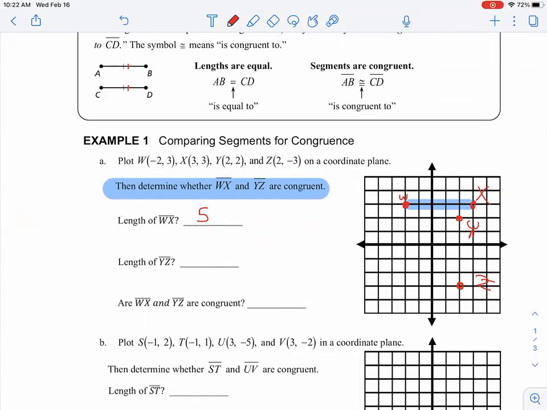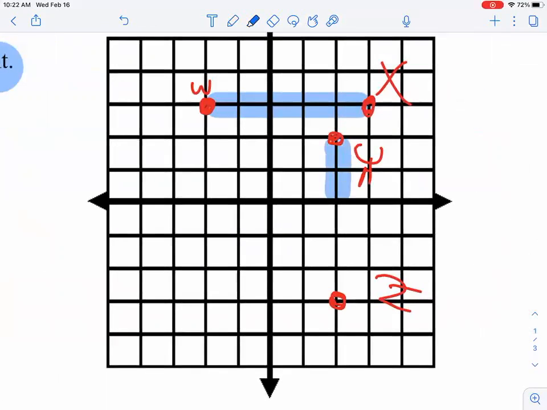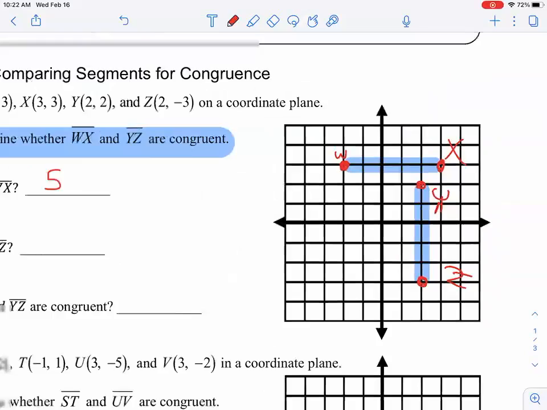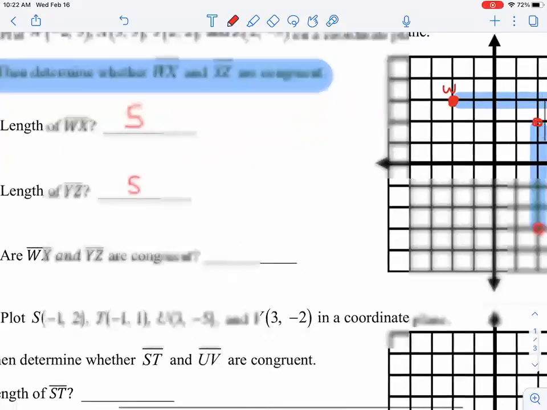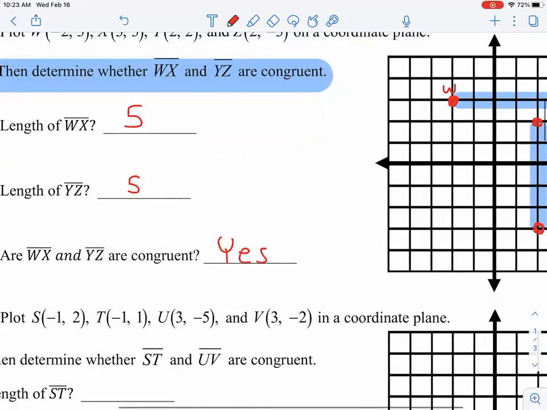If we want to find the length of segment YZ, that means from Y to Z. Again, counting the spaces, we've got 1, 2, 3, 4, 5 spaces there. So segment YZ has a length of 5 as well. And so are they congruent? Yes, they are. They have the same measure.